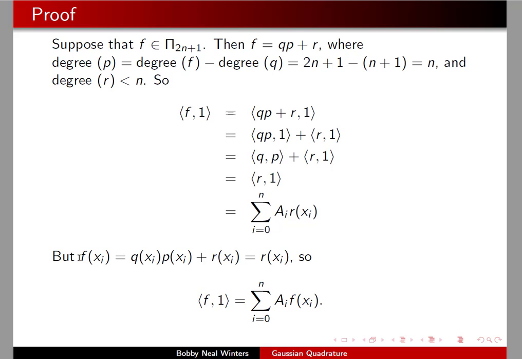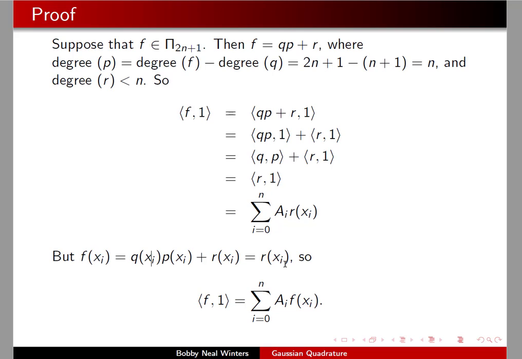So therefore, now look, what we have here is if I evaluate my f at x_i, that's the same as evaluating q times p plus r at x_i. Well, x_i is a root of this q, so this term falls out.